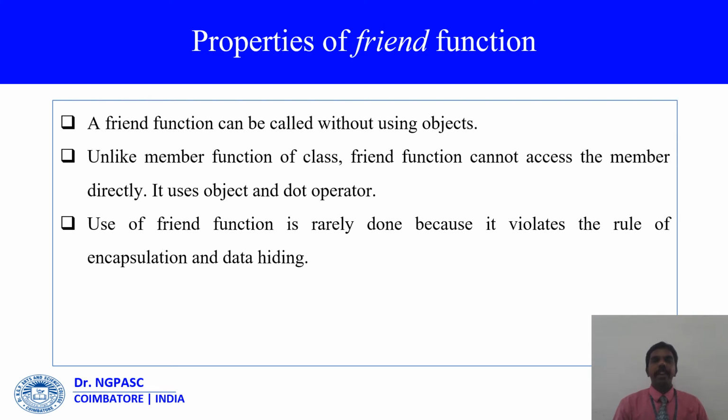And how does a friend function access the private data members? No other way: the friend function needs the instance of the class. Only with the instance of the class can a friend function access these private data members.